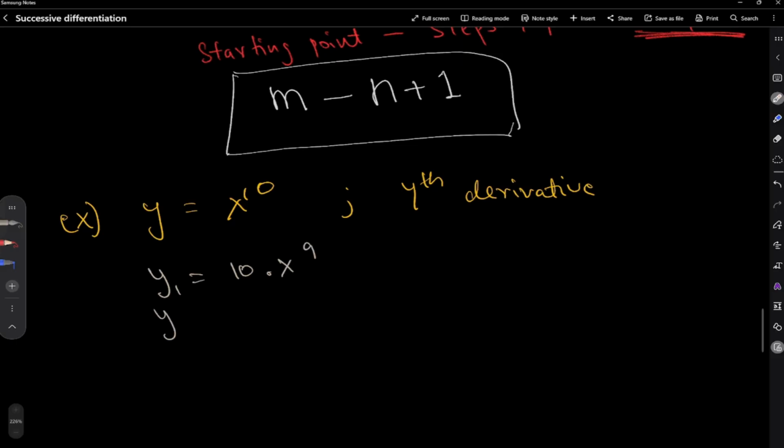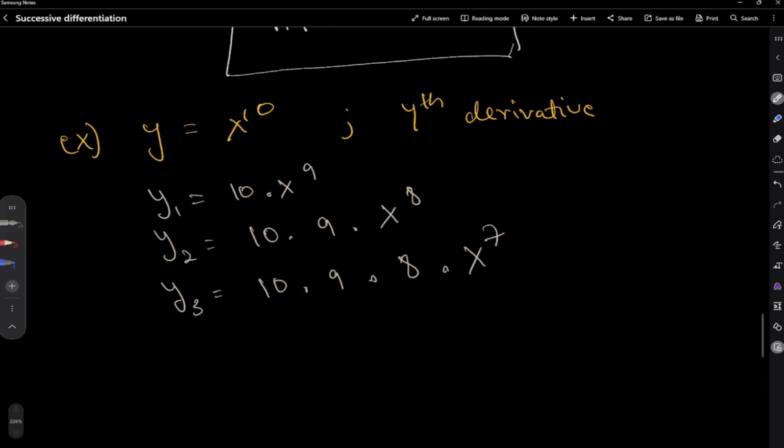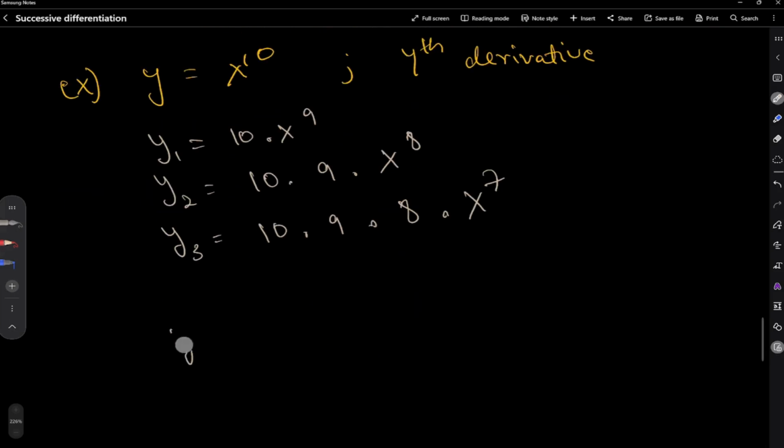Second derivative, 10 times 9 times x raised to the power 8. Third derivative is 10 times 9 times 8 times x raised to the power 7. And finally, the fourth derivative is 10 times 9 times 8 times 7 times x raised to the power 6.